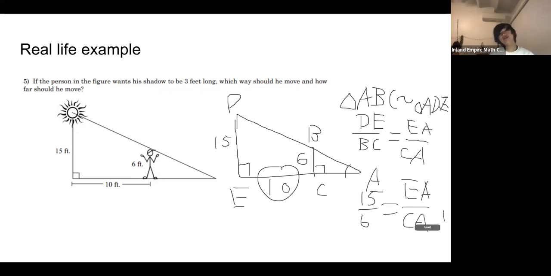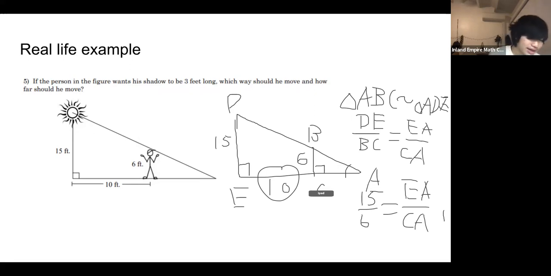Now, what do we do here? Because all we have is an equation with two variables. But remember, we're aiming for the guy's shadow to be 3 feet long. So we're aiming for CA to be 3 feet.